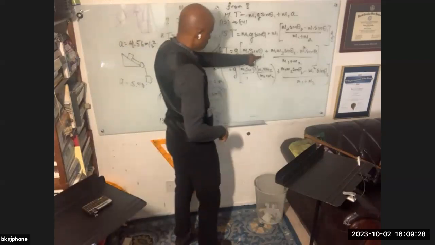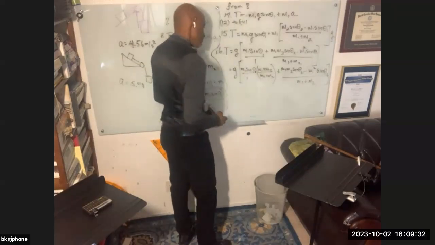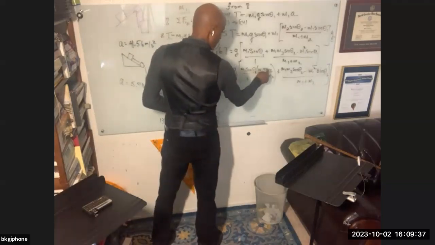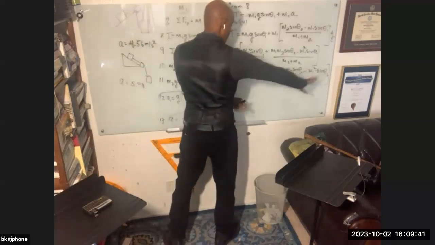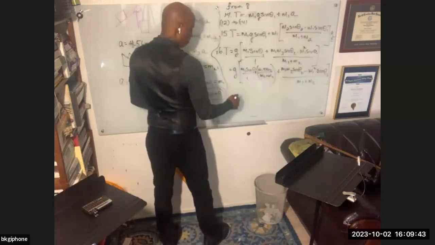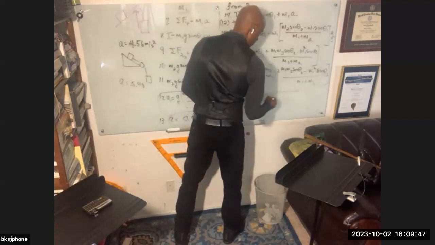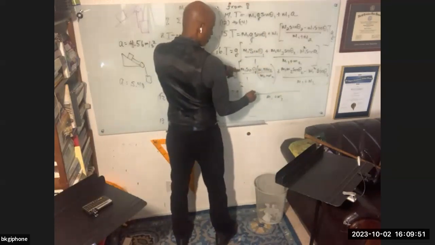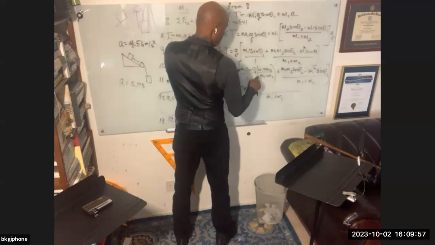Drop the 1 here. There's a theta 1 there. Now I need to multiply. I'm going to get 2 terms out of this. And the denominator is just going to be M1 plus M2, so I can add everything. All right, so the denominator, M1 plus M2. The 2 terms here are going to be M1 times M1 is M1 squared sine theta 1.